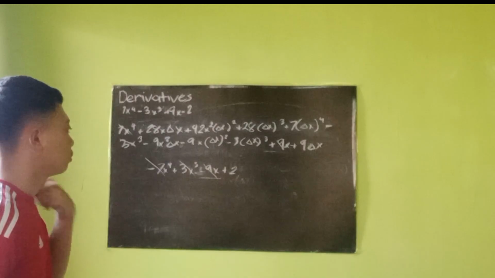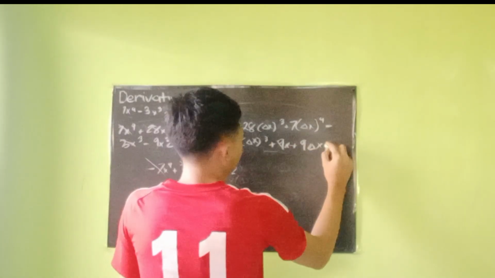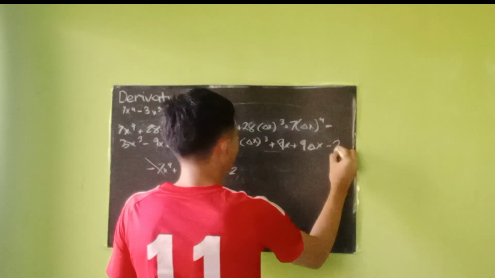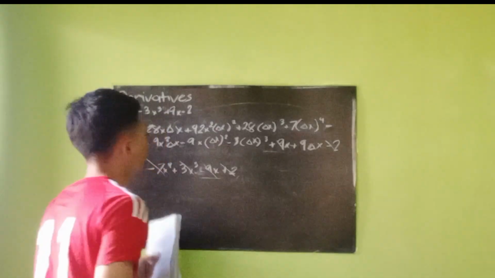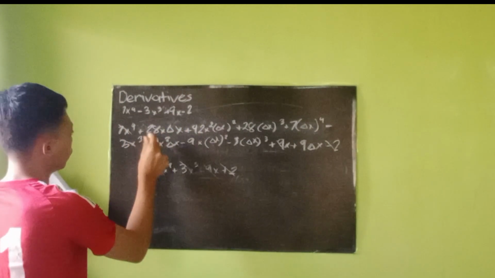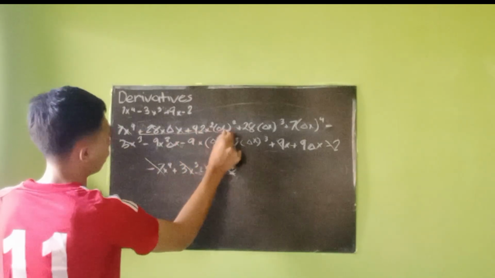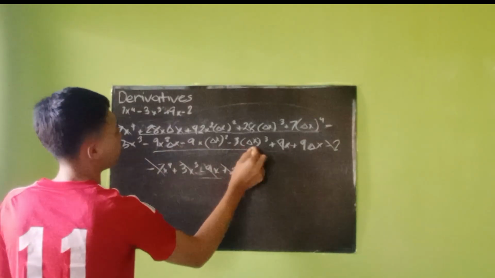And then the next one, you have your negative 2, so we can also cancel this one too. As a result, you'll be having a remaining number that is not even included by the cancellation.